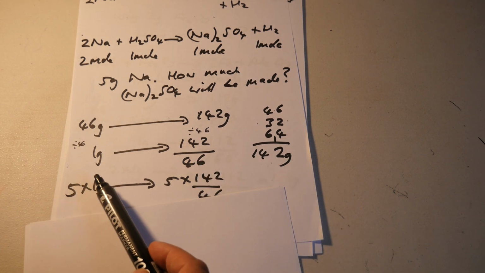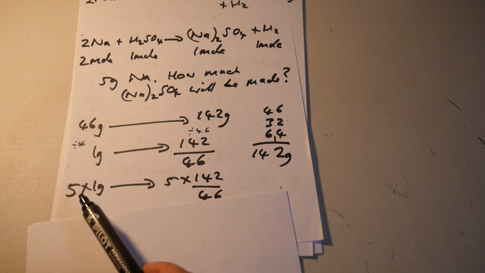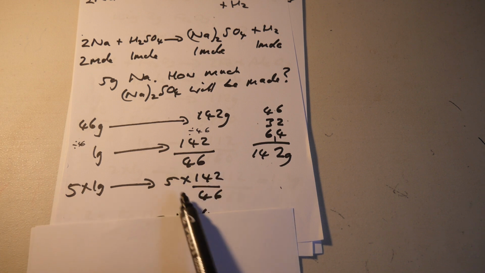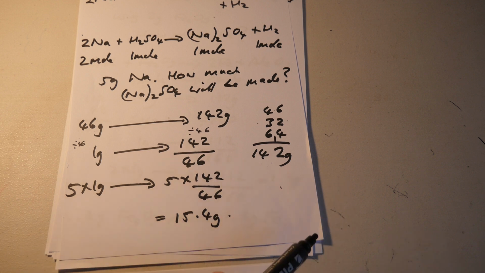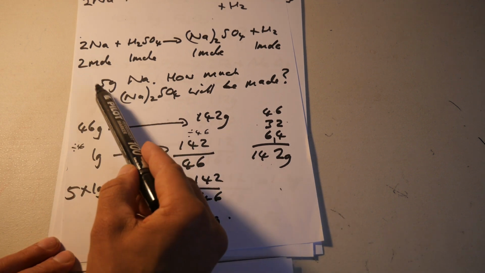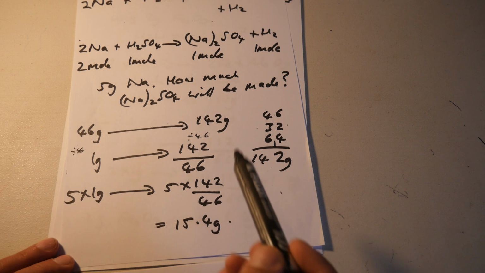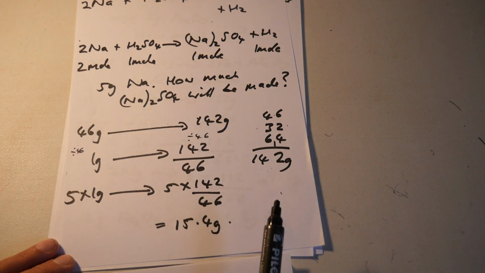So 5 times this, because we want to know about 5 grams, 5 times this produces 5 times this, which equals 15.4 grams, okay? So therefore 5 grams of sodium produces 15.4 grams of sodium sulfate, okay?